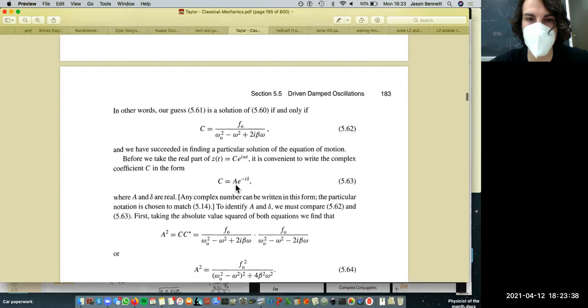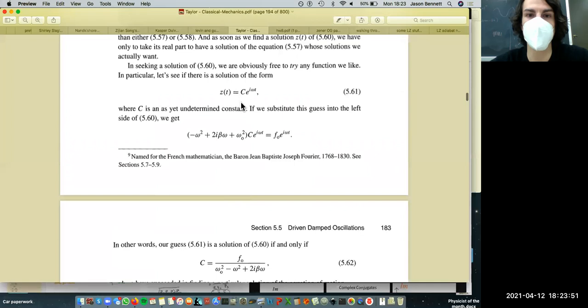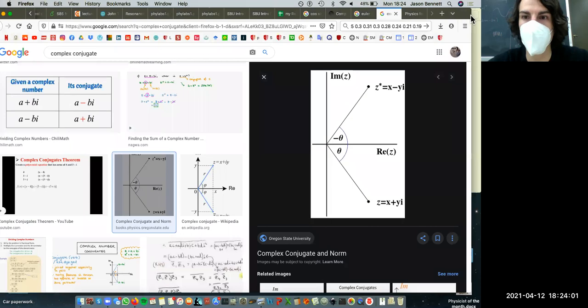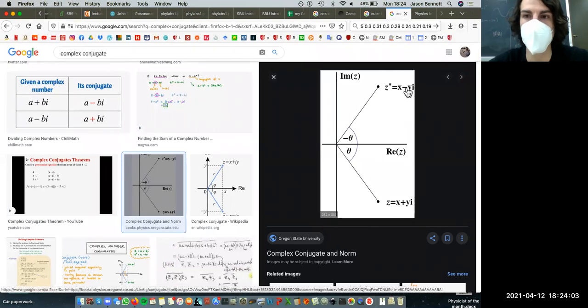And so we have a real number, e to the i of another real number. The way that we isolate this A, to solve for the amplitude of our function over here, is to take the complex conjugate. The complex conjugate of a generic number is where all you do is switch the sign of the complex part.